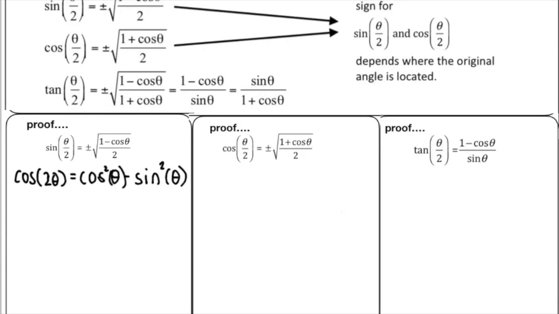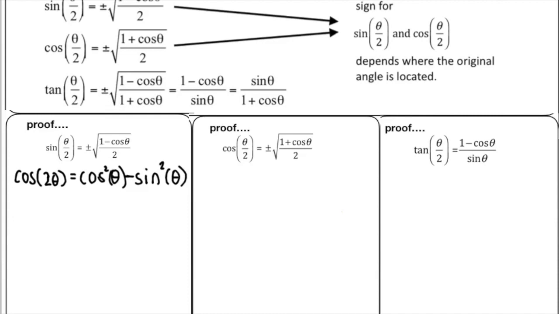That seems a bit bizarre to start off with, because it doesn't really have anything to do with that. But if we start to build on this, you're going to see why starting off with a double angle makes sense.